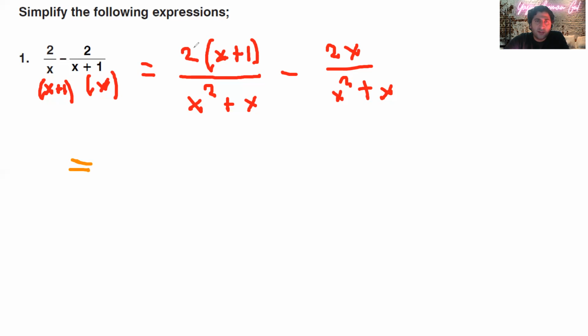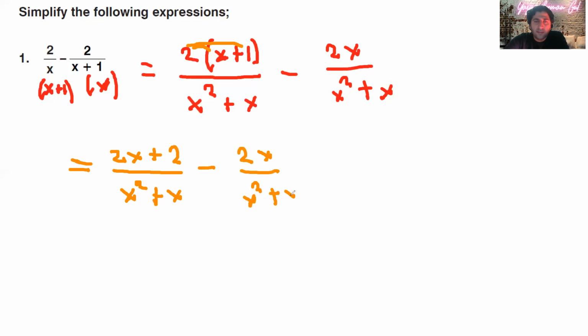This equals 2x plus 2, over x squared plus x, minus 2x over x squared plus x.